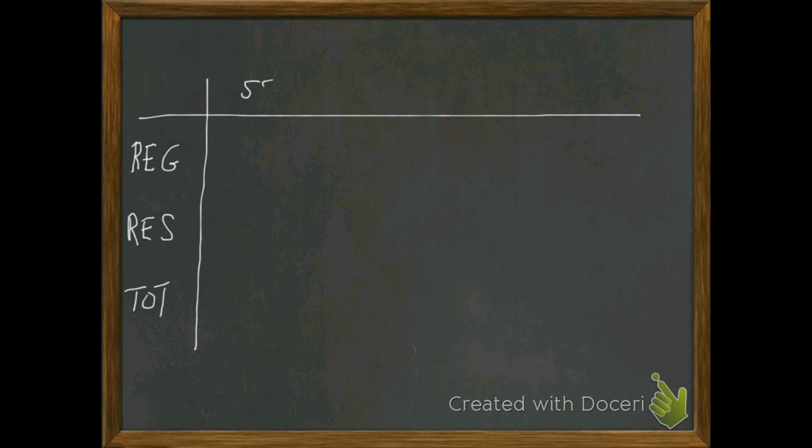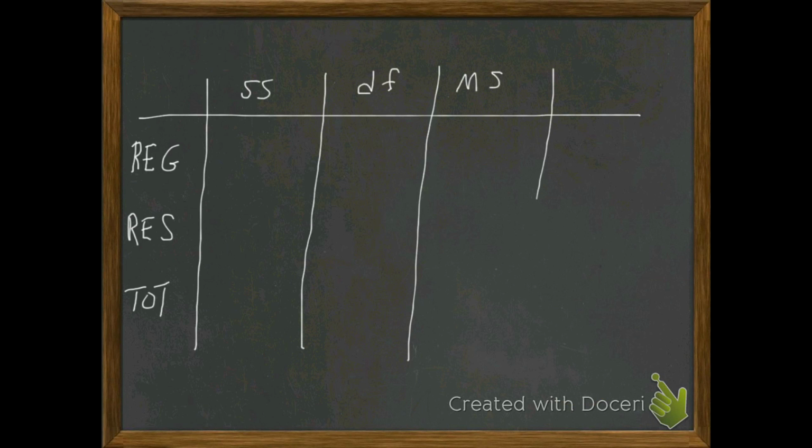So the first thing we'll have is our sum of squares. Next thing we'll have is our degrees of freedom. Next thing we'll end up with is our mean square term. Next thing we'll end up with is the F and the p-value. Okay?